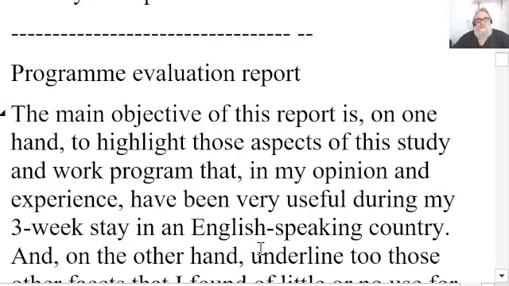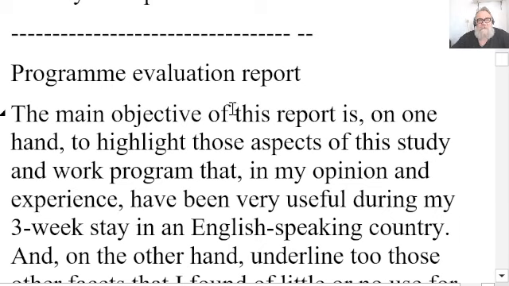So, Program Evaluation Report. That's a great title. The main objective of this report is, on one hand, to highlight those aspects of this study and work program that, in my opinion and experience, have been very useful during my 3-week stay in an English-speaking country.